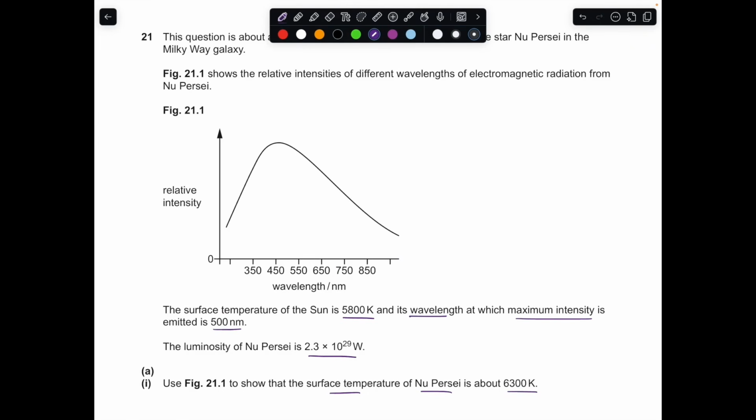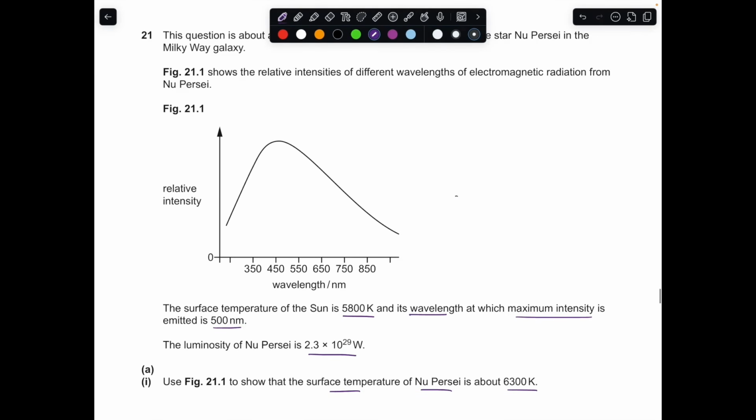Let's break this down into some formulae and this diagram over here. Number one, we know the formula which relates the peak wavelength and the absolute temperature, and they are inversely proportional to one another. So using this law and this given diagram, plus this information about the sun, we can work a ratio out.